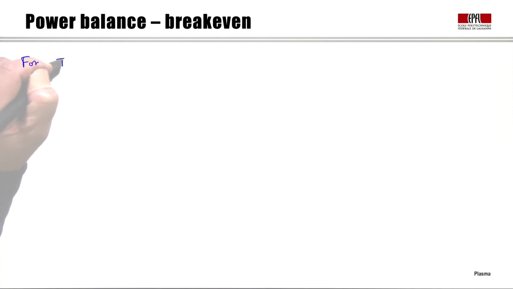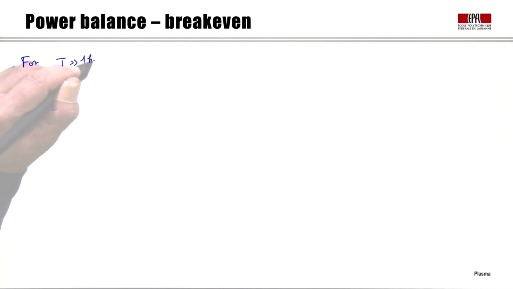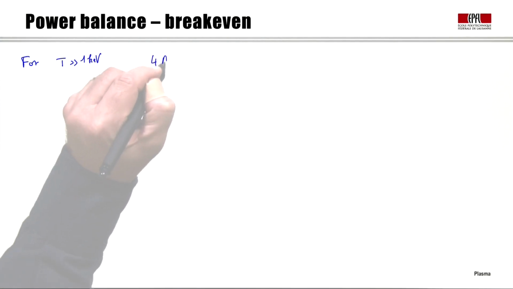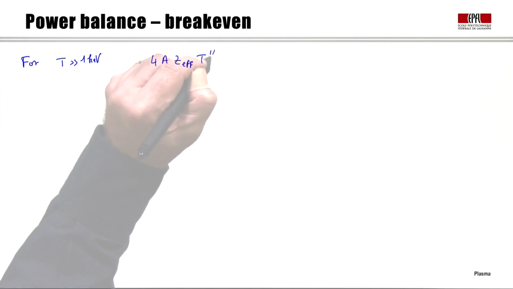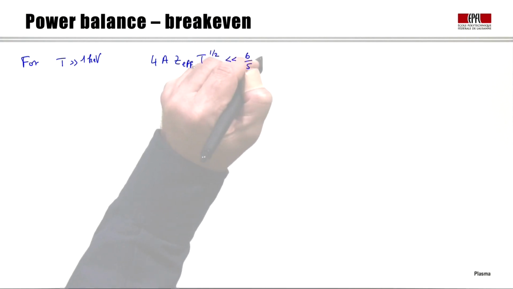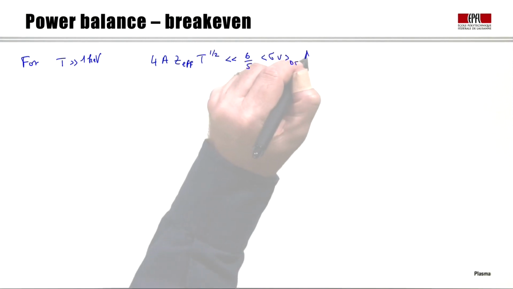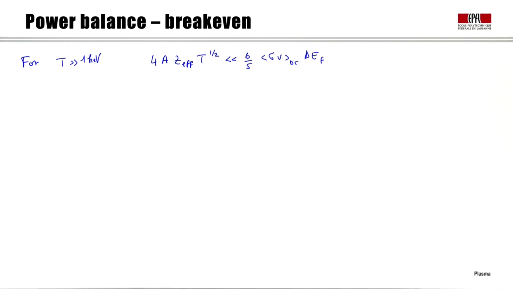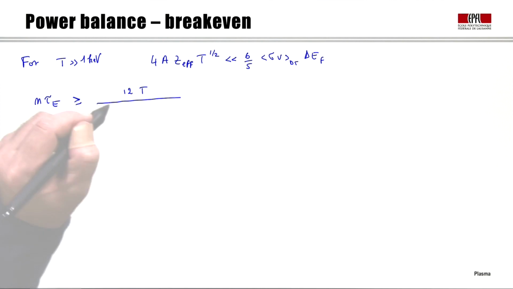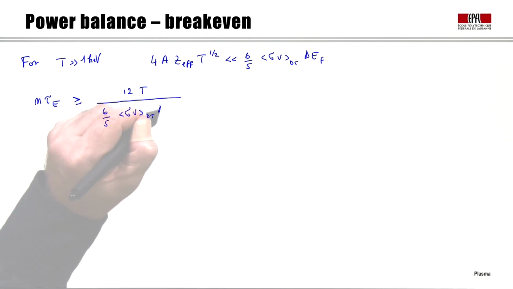At temperatures that are significantly larger than 1 keV, that is temperatures that are of interest for our thermonuclear burn, the Bremsstrahlung term becomes very small compared to the other term. So we can neglect it altogether and write n times tau E equal or larger than 12T divided by the usual fusion power production term.